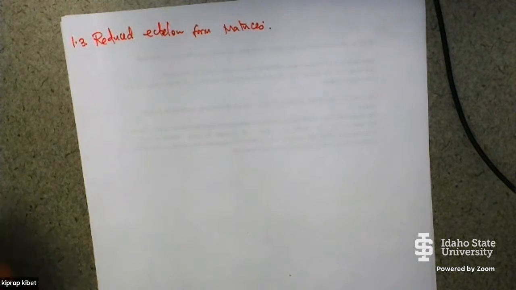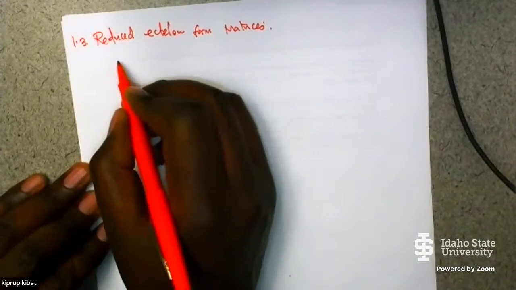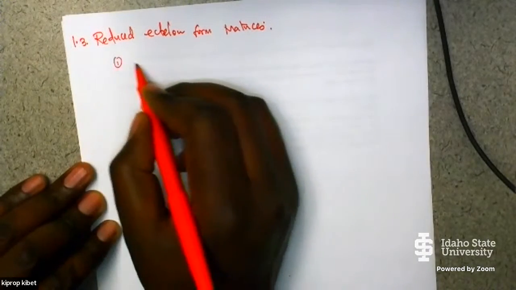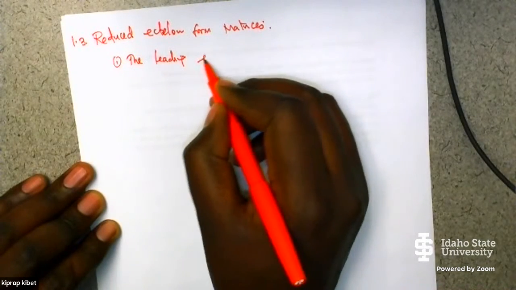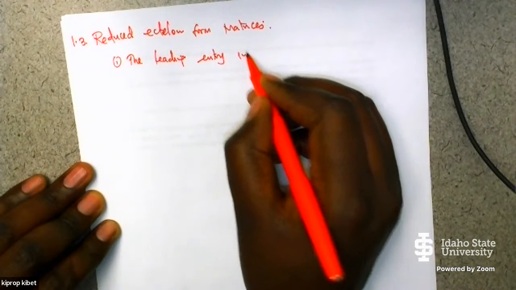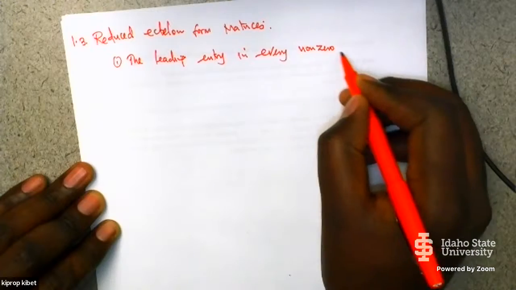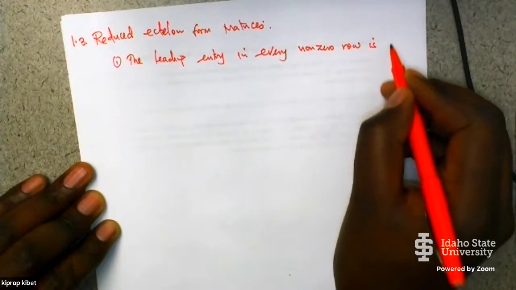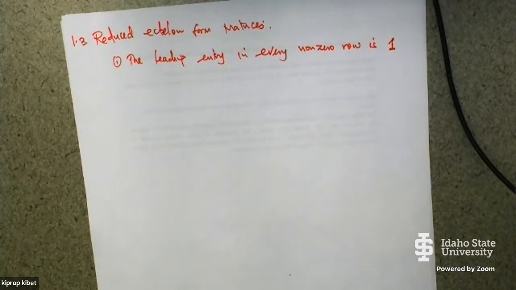So what we need here is, number one, the leading entry in every non-zero row is 1.